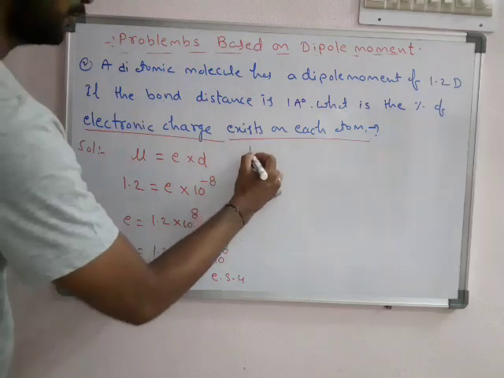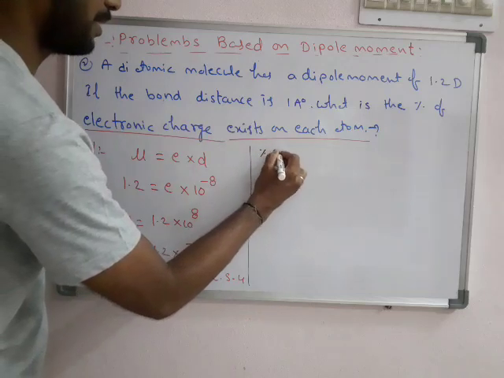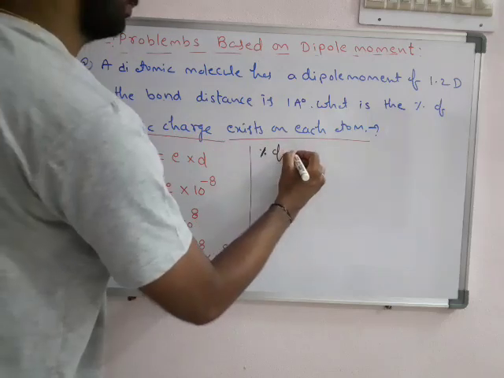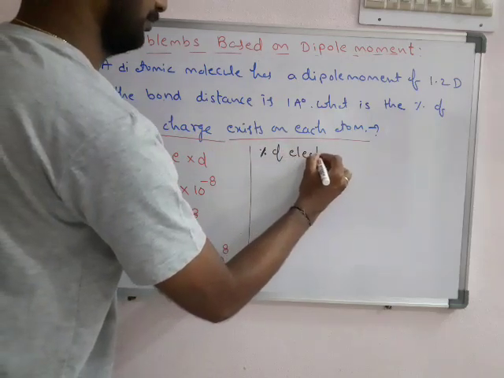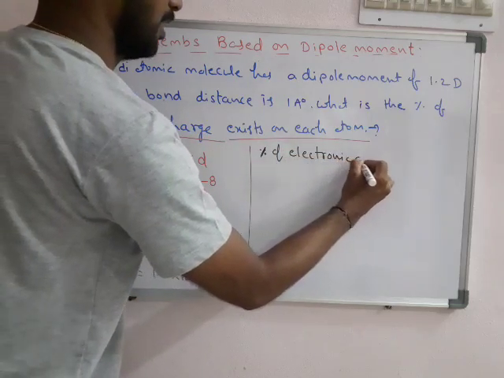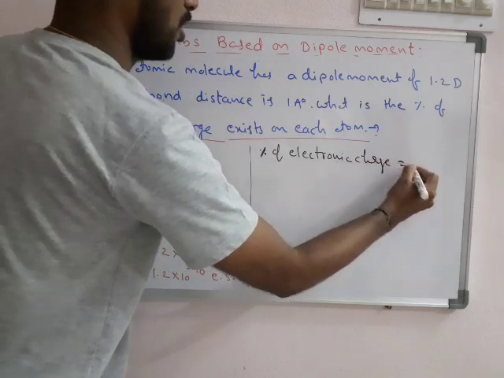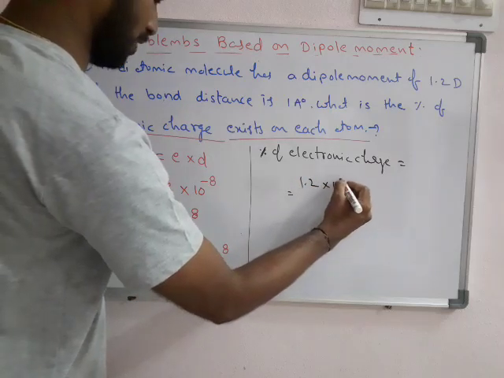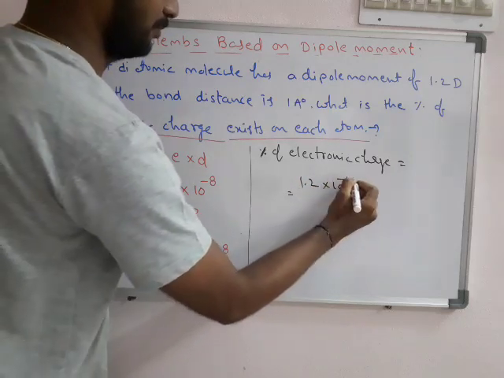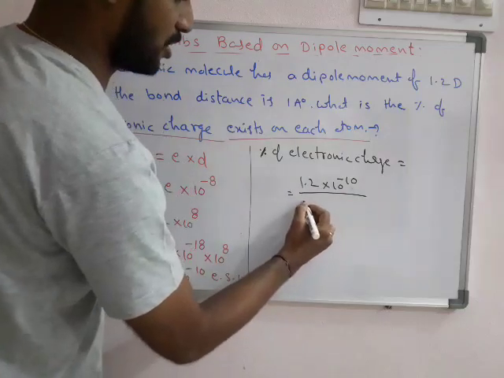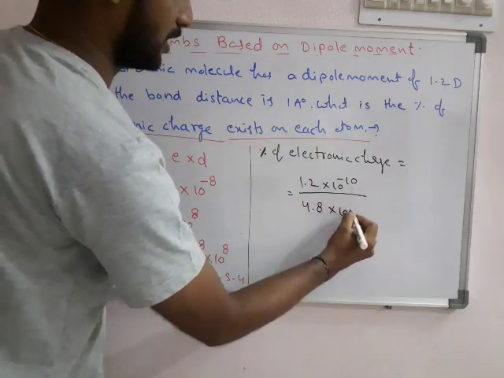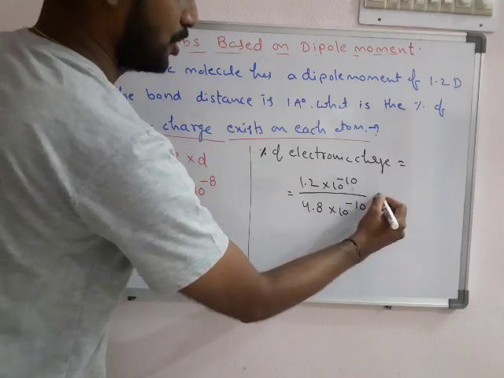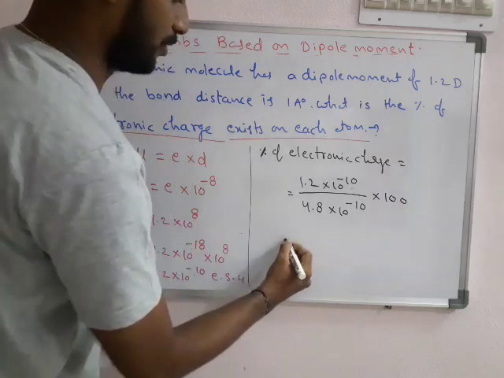So the percentage of electronic charge is equal to its charge, 1.2 into 10 to the power of minus 10 ESU, divided by the original charge of the electron, 4.8 into 10 to the power of minus 10. For percentage we take 100.